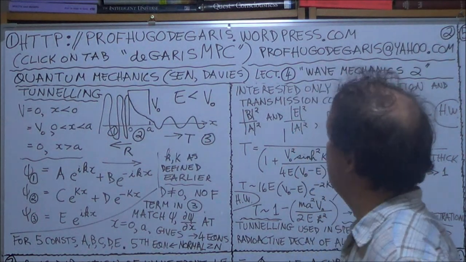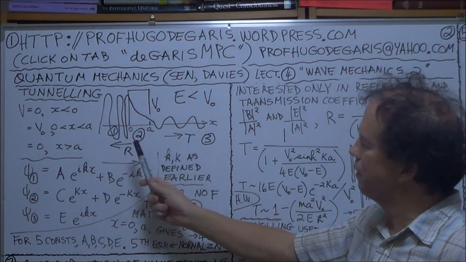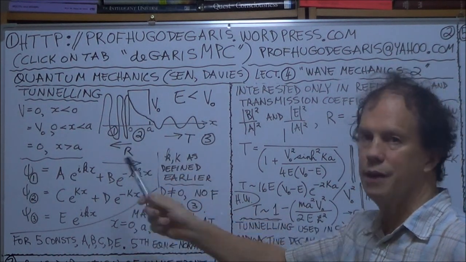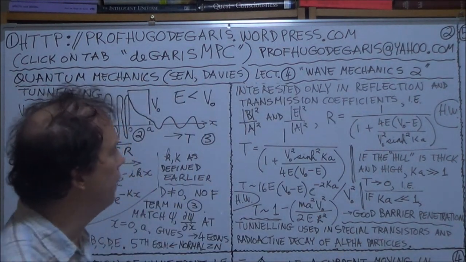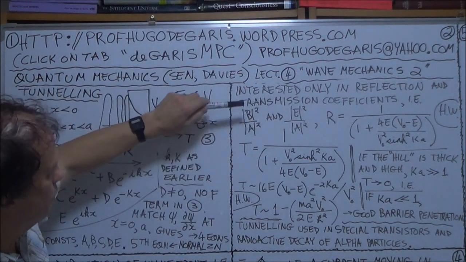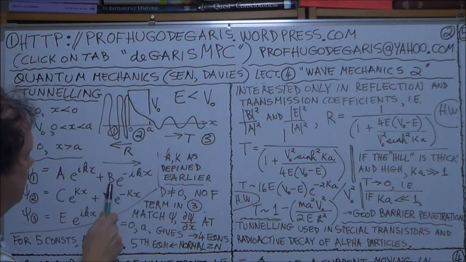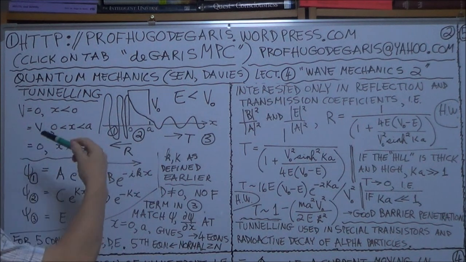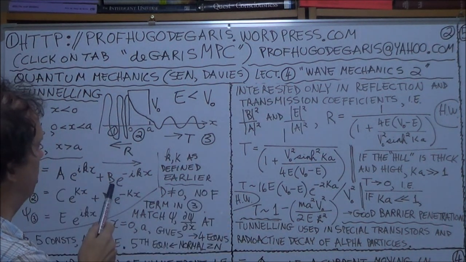Okay. But what we're interested in is what's big T and what's big R, as defined in the previous session. So you're interested in these two terms here. B is this waveform that heads back, that gets bounced back. So B squared gives you a measure of how strong it is.